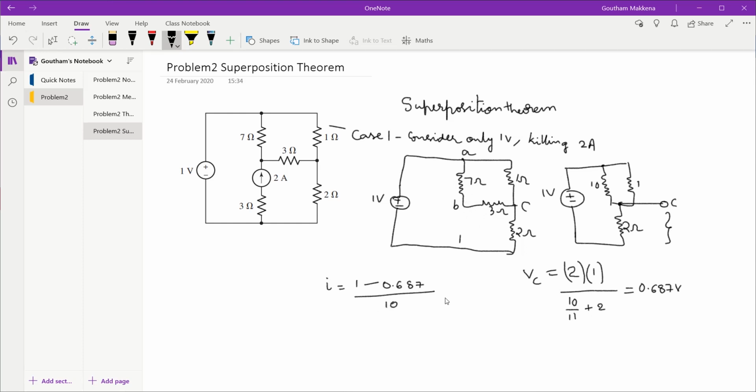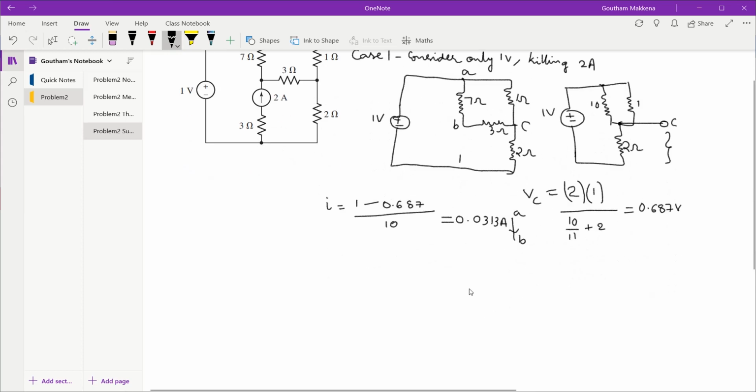If I compute this, I get a value of 0.03113 amps. And remember, what is the direction of this current? If you see, it is going from A to B. Now I'll start with case 2.